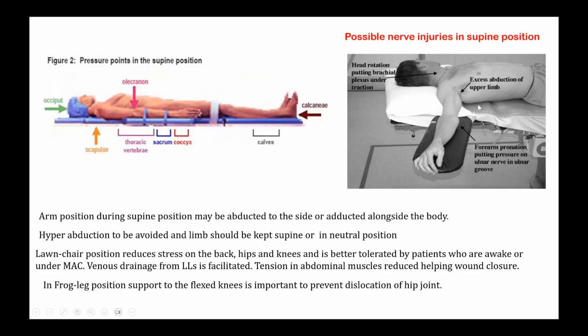So these are the nerve injury sites, three locations: brachial plexus, axilla, and ulnar at the olecranon. But pressure points are very important when you do a long surgery. For example, when you do a major surgery for 10 to 12 hours, these are all the pressure points which have to be taken care of, which can result in pressure necrosis of the skin.